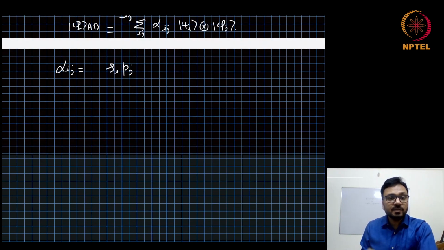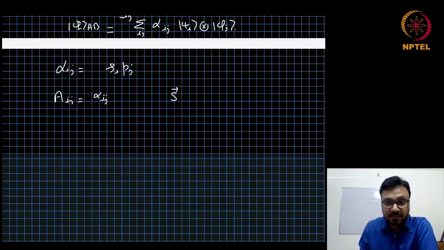Now let us say we have a matrix A such that its ijth element is alpha ij. We have a vector S such that its ith element is si, and a vector P such that its jth element is pj.